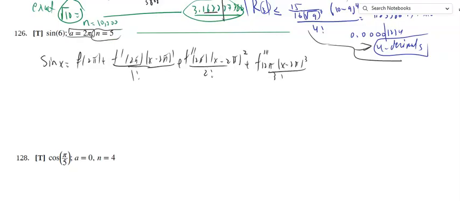I have to go to 5, and I'll tell you why. The fourth derivative at 2 pi, x minus 2 pi to the fourth over 4 factorial, and they want me to go to 5.